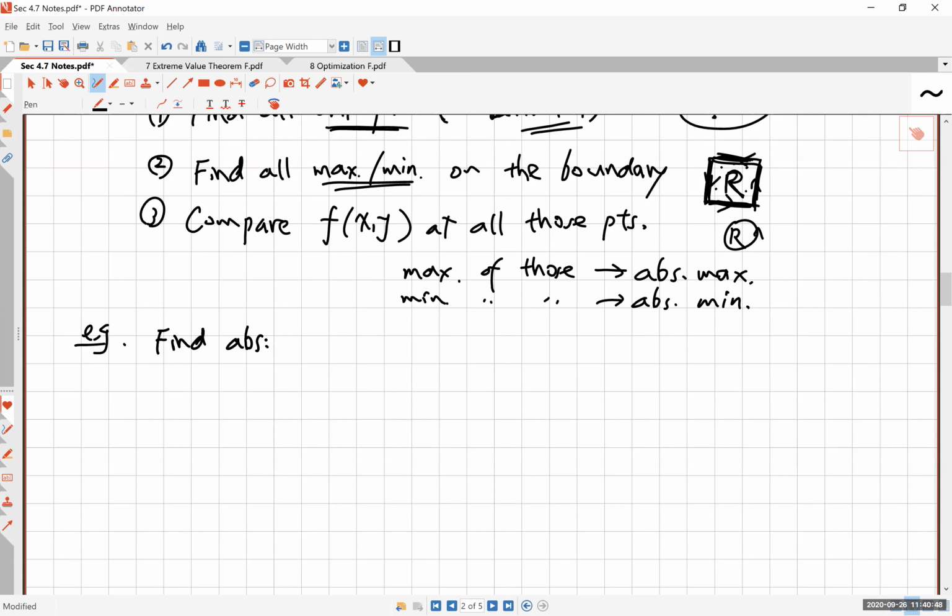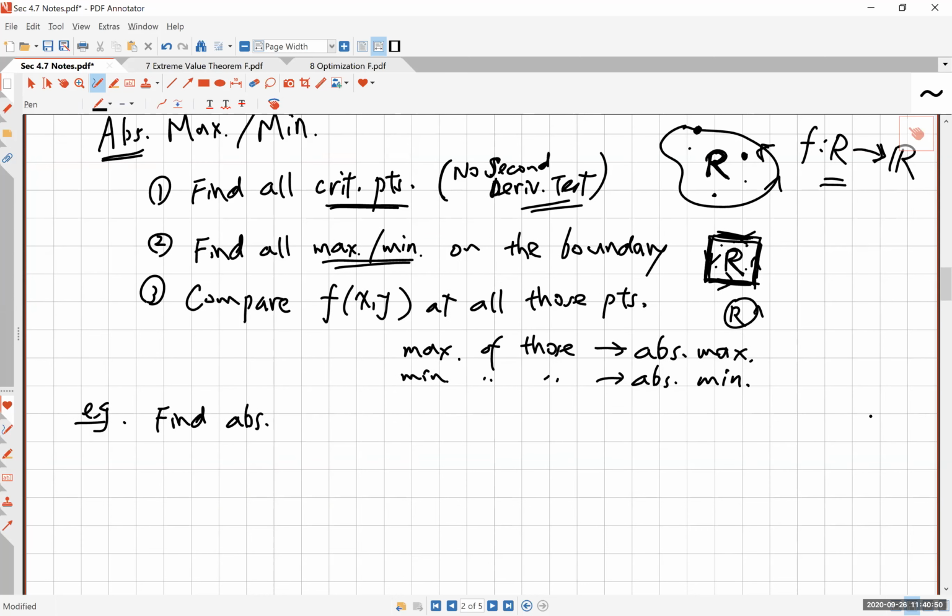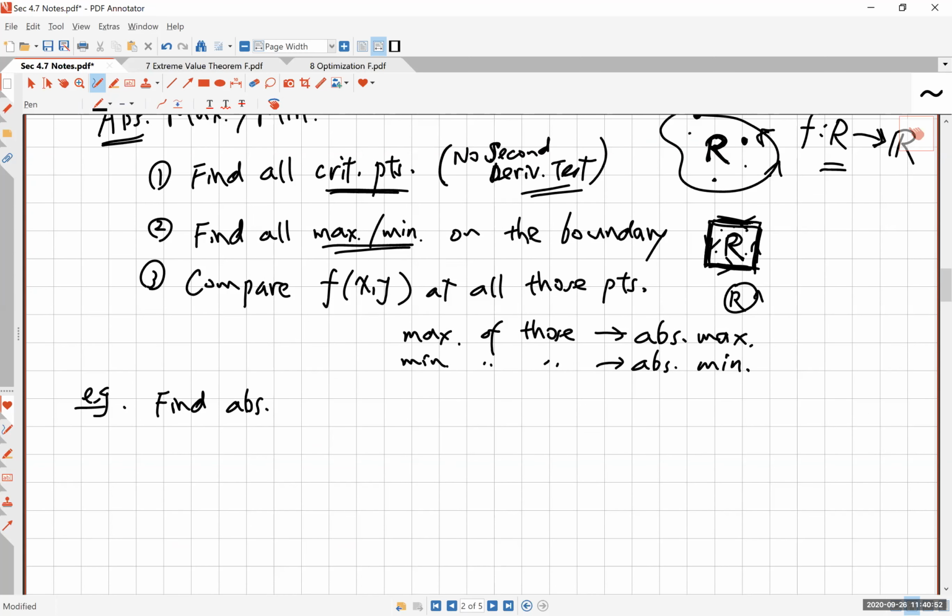By the way, if you are given a situation like this, there's only one absolute maximum value and there's only one absolute minimum value. Okay, if R is closed and bounded, by the extreme value theorem, you are guaranteed to have one absolute maximum and one absolute minimum. You can see why there are no two absolute maximum values, right?